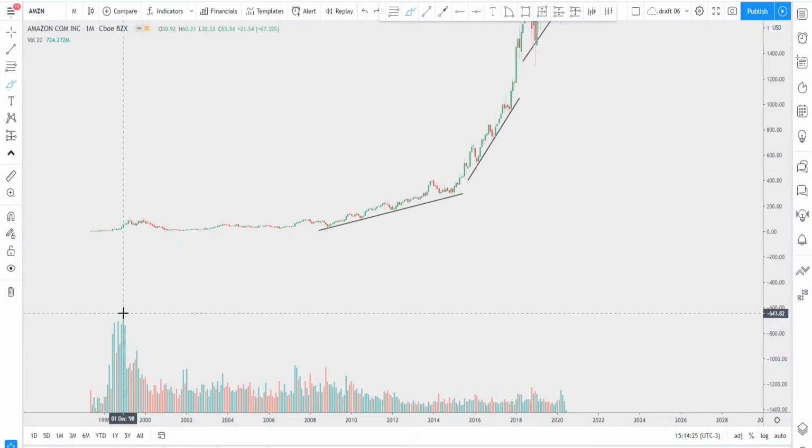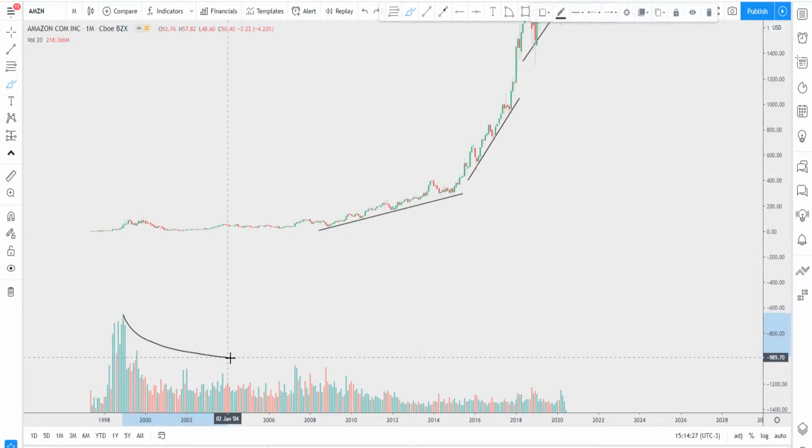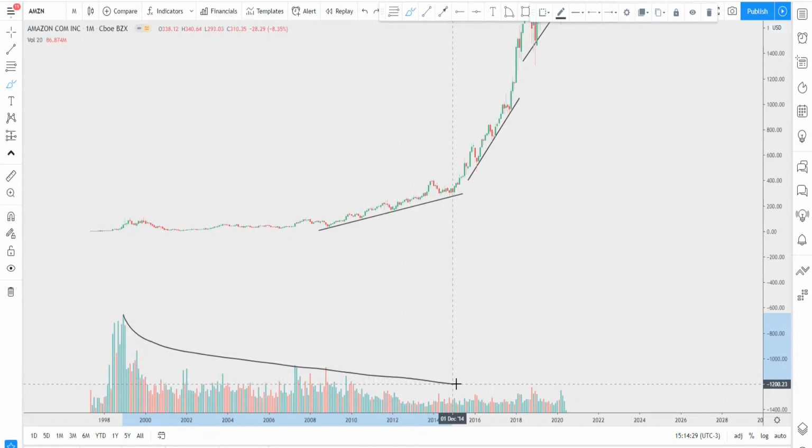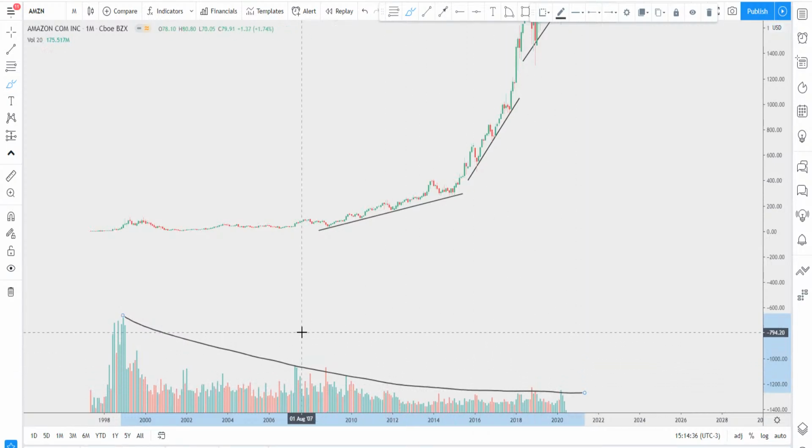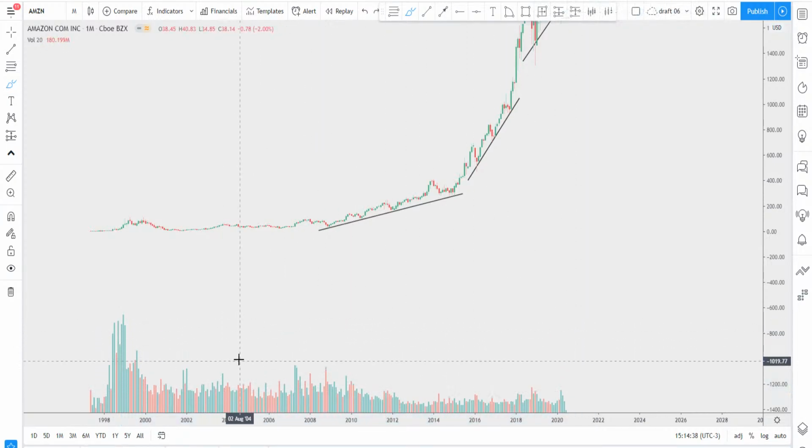Since that time, we still have decreasing volume, and not only decreasing volume. It is true that the seller's volume is decreasing, and also the buyer's volume is decreasing as well.